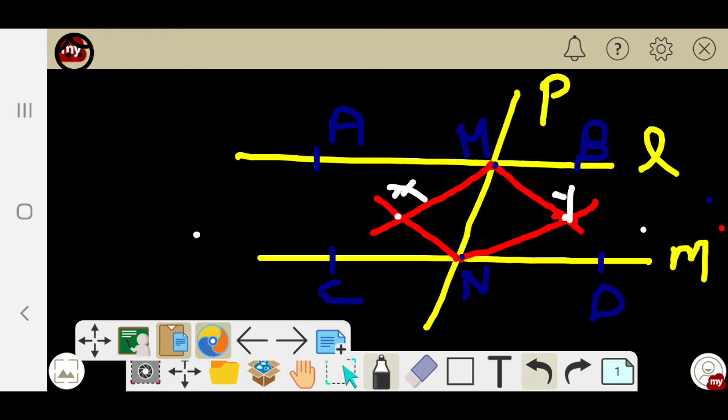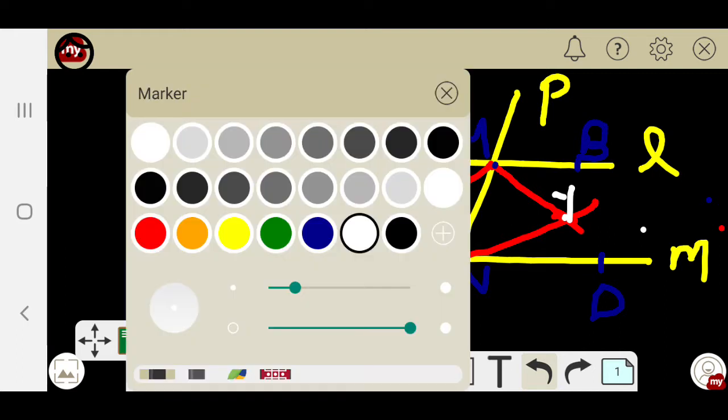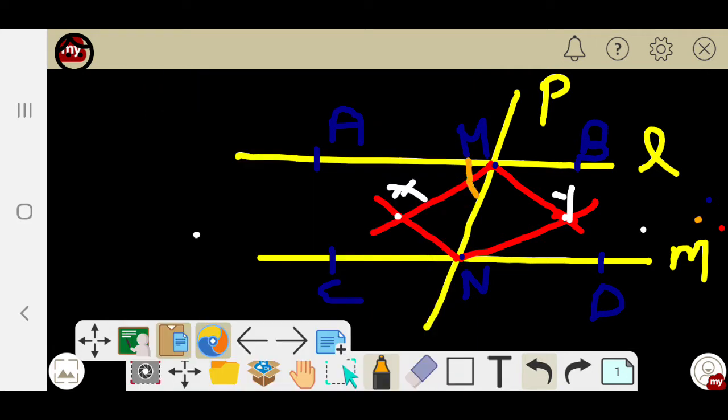Yes, dear children, it is given that AB is parallel to CD and P is the transversal. If AB and CD are parallel, now we can tell its alternate interior angles are equal. Consider one pair of alternate interior angles.